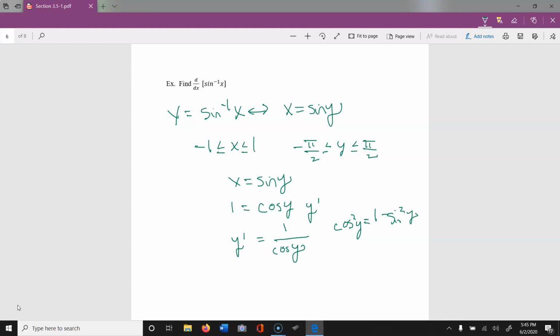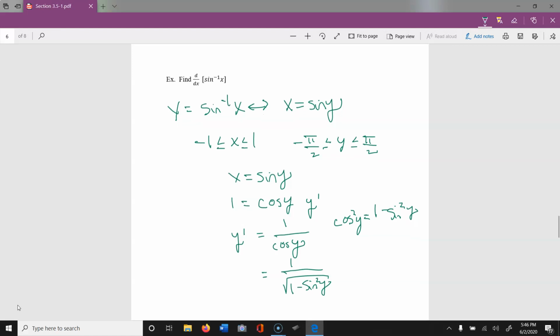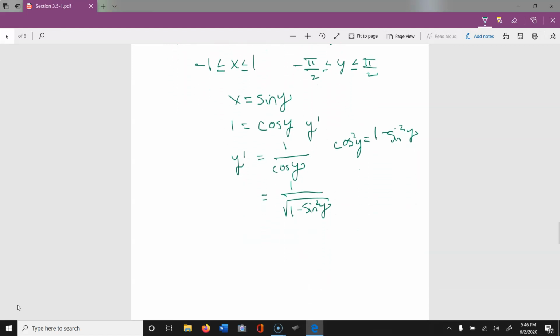So then we know that cosine y is the square root of 1 minus sine squared y. Would you agree with that? Now you might be saying, well, wait a minute, what about the plus or minus? Well, since we're in the interval from minus pi over 2 to pi over 2, cosine is positive.